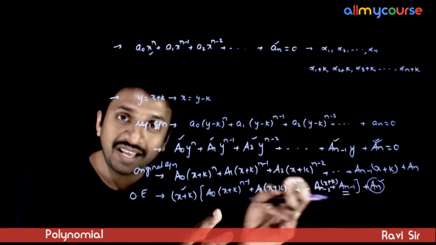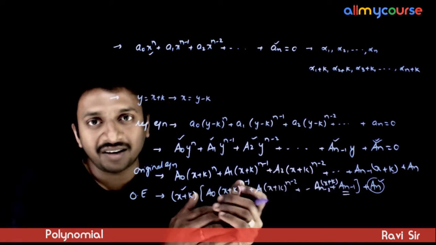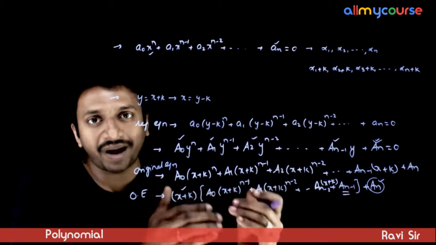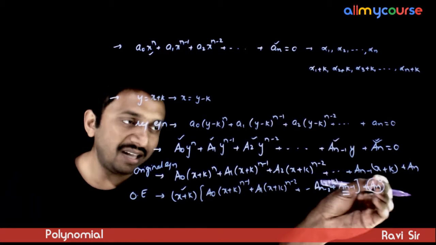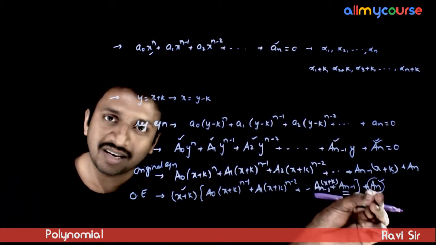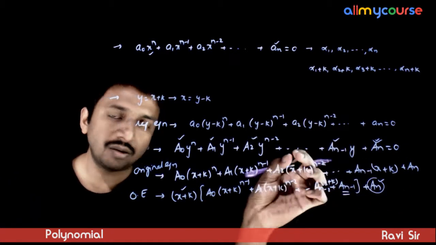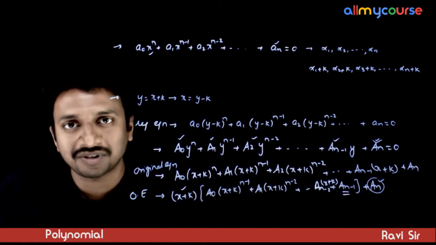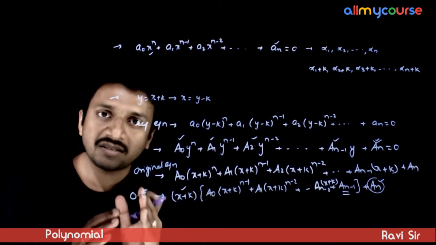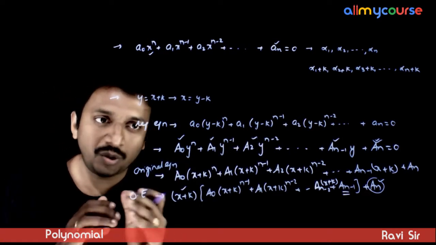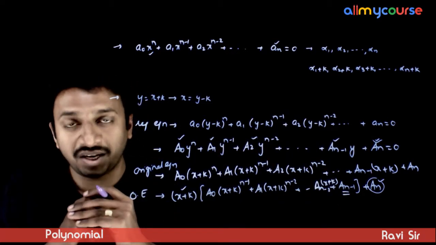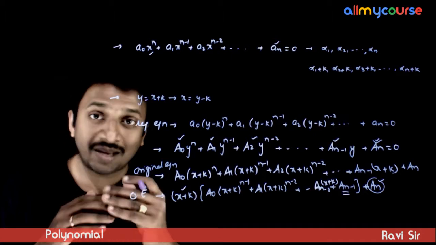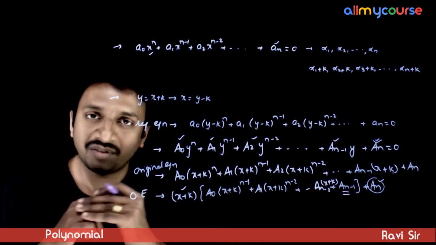If you divide it again by x plus k and find the remainder, then successively, at each stage, you get the numbers starting from the last coefficient to the first coefficient. So this is the process which we use to get a0, a1, a2, and so on up to an minus 1 very easily. Let us apply this process and see the beauty of it.